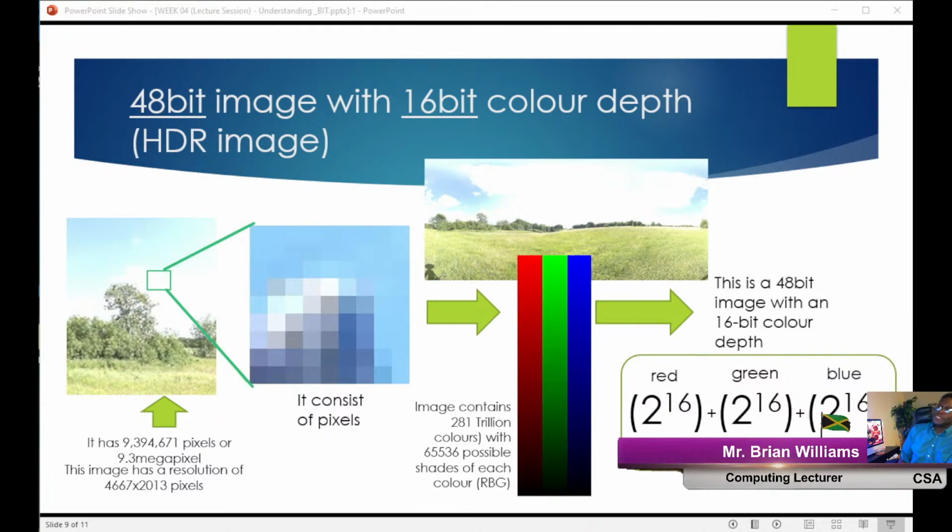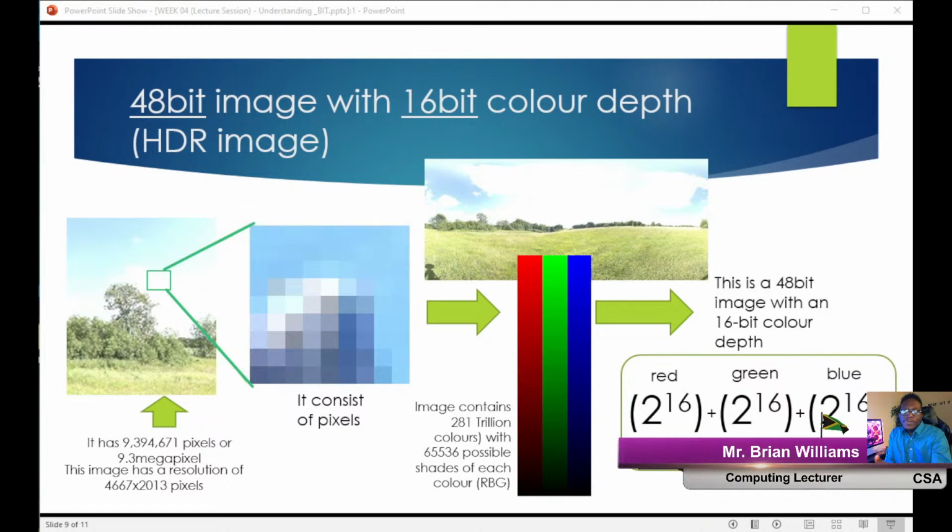Has anybody ever seen an image that is 48-bit? Anybody? Not really sure, but personally, I don't really touch these things myself. The computer kind of just does most of these things for us, but guess what?